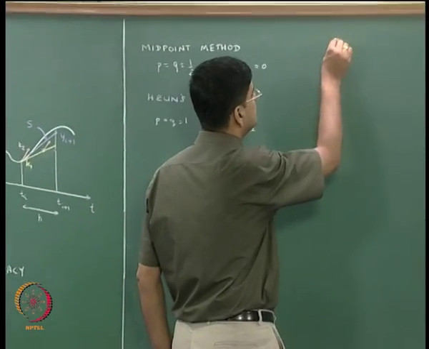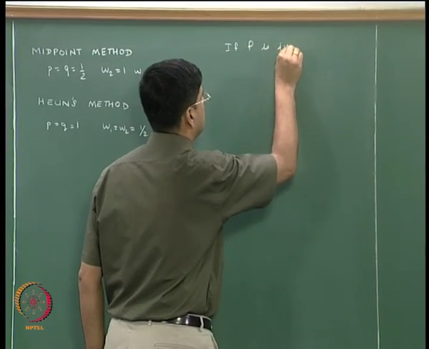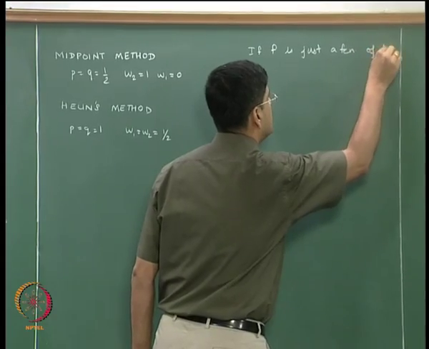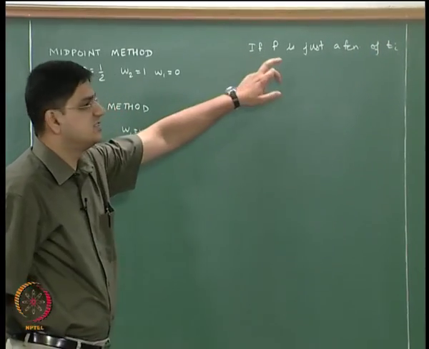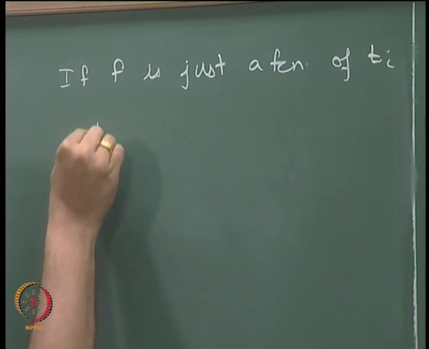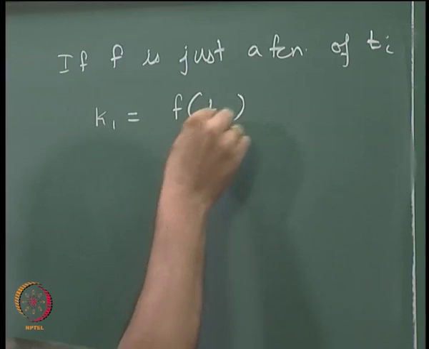If that is the case, okay, if f is just a function of ti, then k1 is just going to be equal to f of ti.